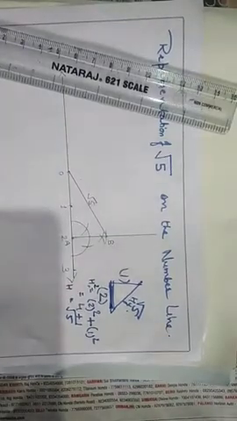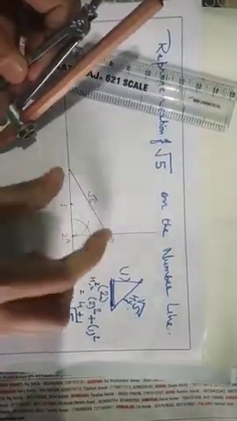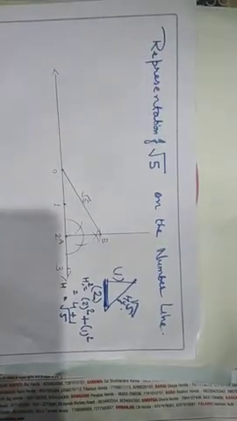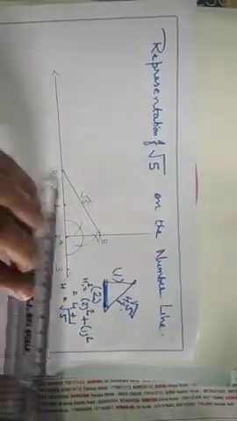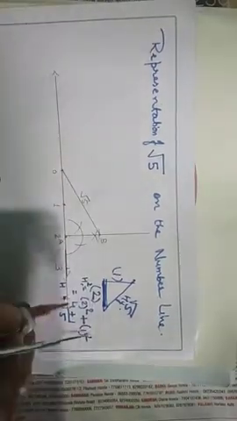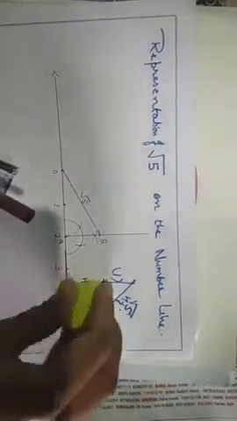Now we have to draw this on the number line. This line is smaller, so you can increase this line like this.